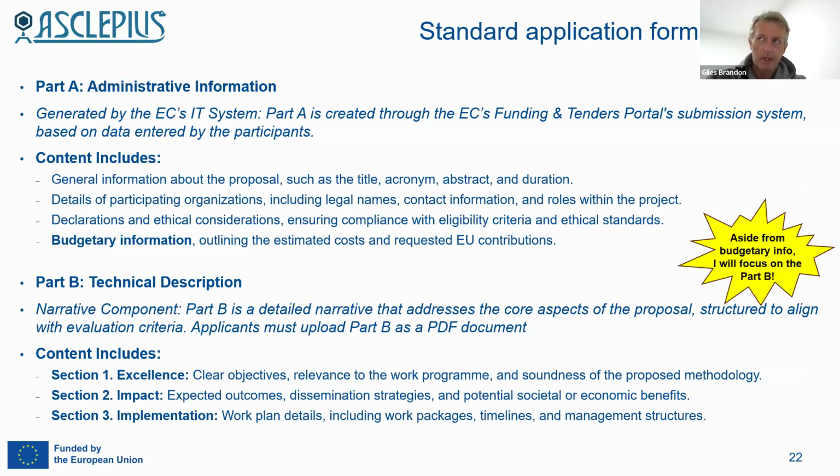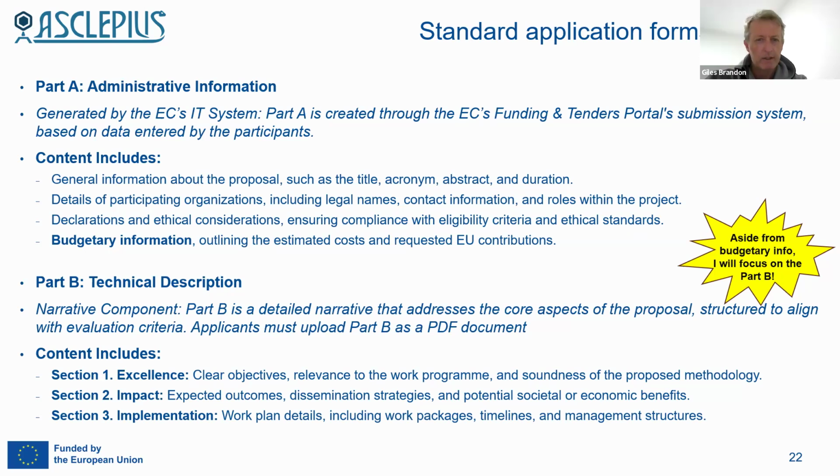and we saw from those covers, it talked about a part A and a part B. And in this slide, I'm going to say a few words, initial words about those. So starting from the top, part A, administrative information. So this is generated by the European Commission's IT system.